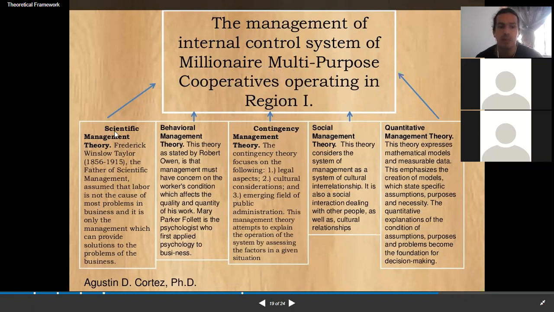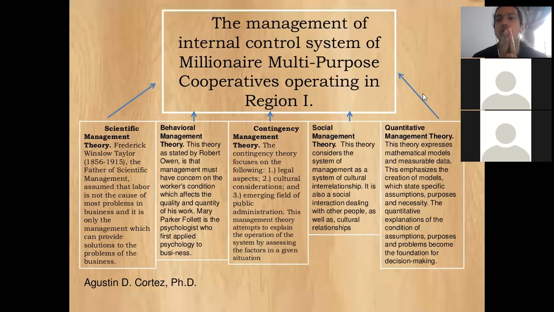So we have scientific management theory, number 1, behavioral management theory, number 2, contingency management theory, number 3, social management theory, number 4, and quantitative management theory. So we have 5 variables which are going to validate the research topic, as you see it over there.